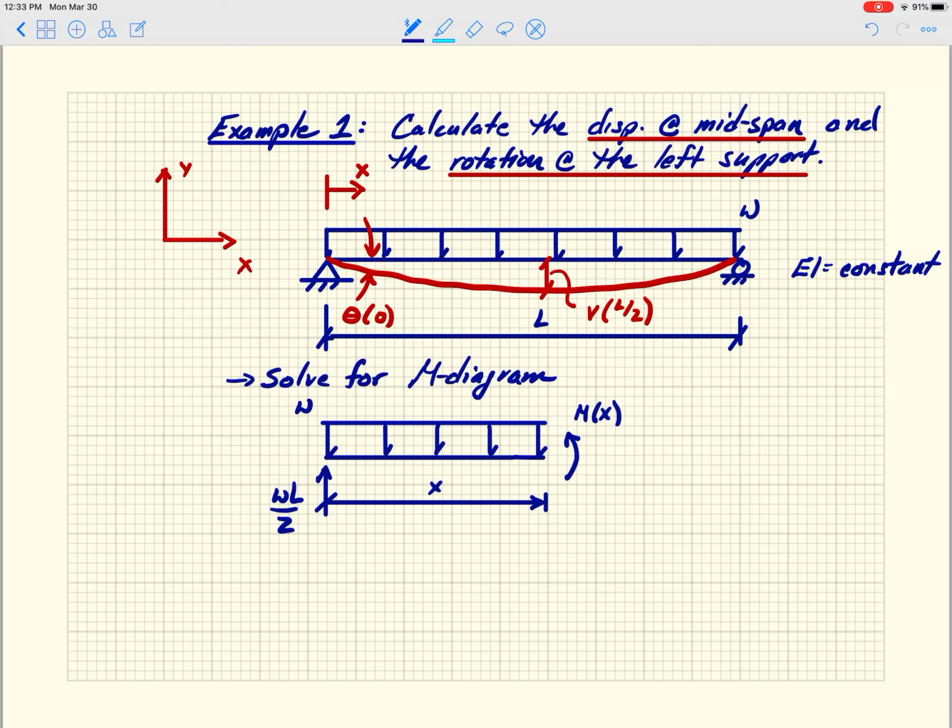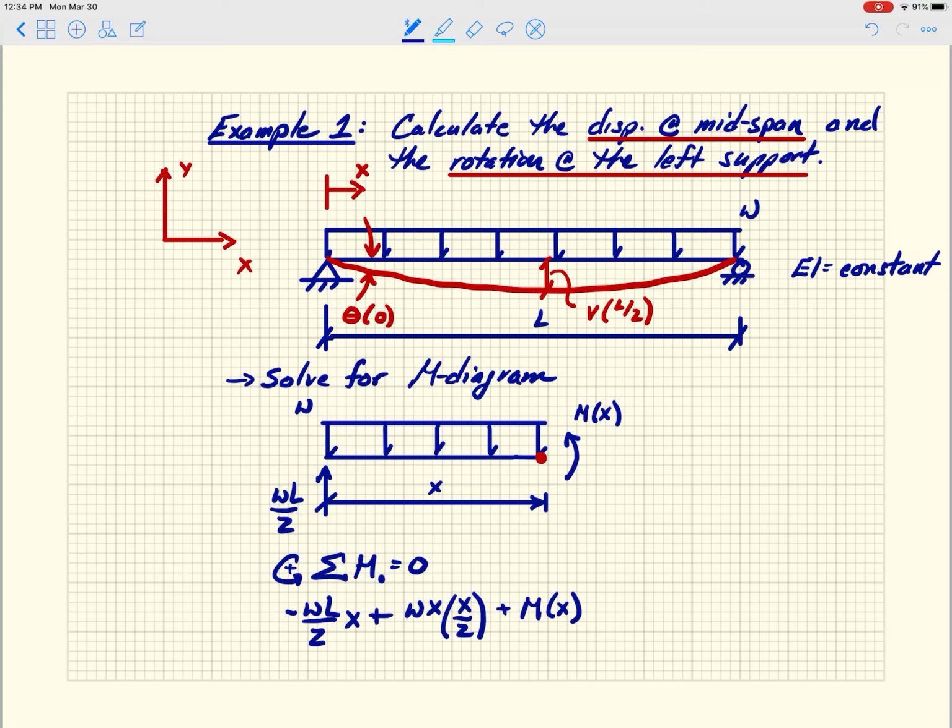So if we sum moments about the cut, so that's where we always take our moments about, equals 0, I am going to get a minus WL over 2 times x, and I'm going to get a positive Wx, that's the total force, and then x over 2 is the moment arm for the distributed load.